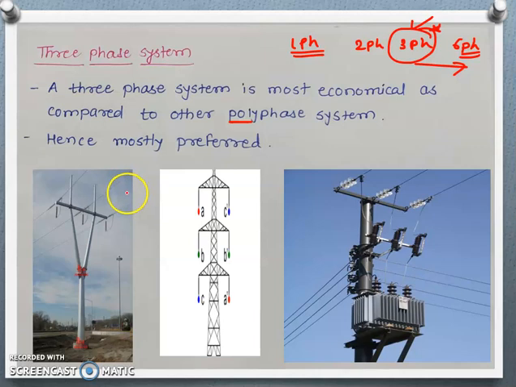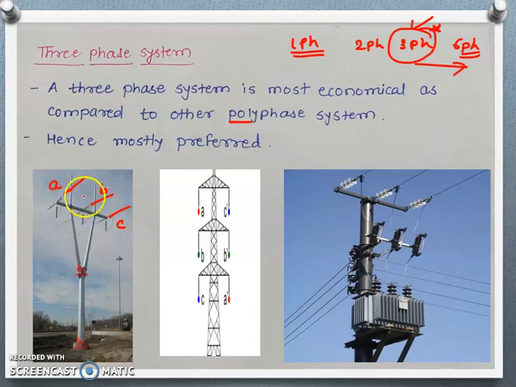You may have seen these types of structures. This is the pole or tower where these three lines are the three power conductors. Suppose this is A, this is B, and this is C. These A, B, C are carrying the power or electricity which is transmitted through these lines.